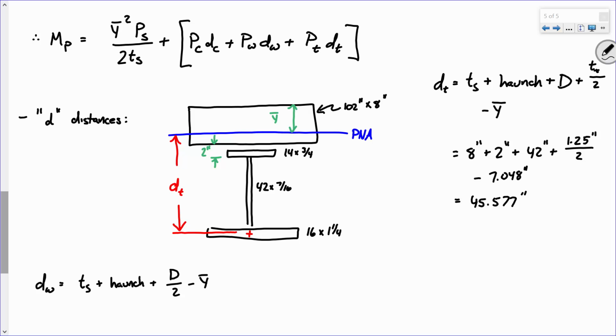Make sense? Simple, right? So 8 inches plus 2 inches plus 42, minus 7.048. And you got 23.952. Sound good?